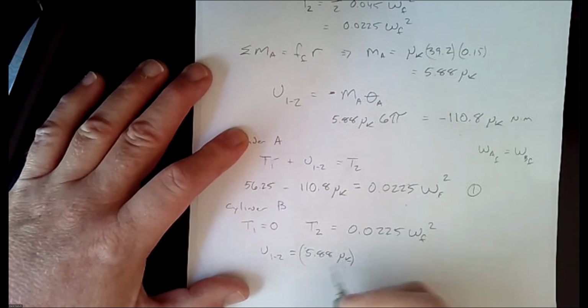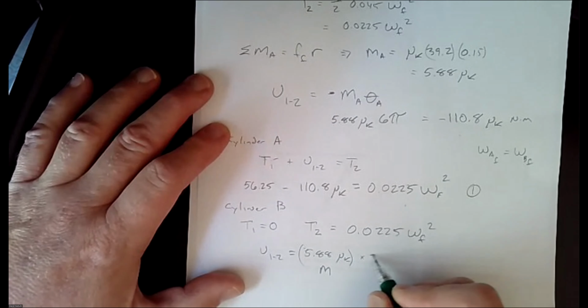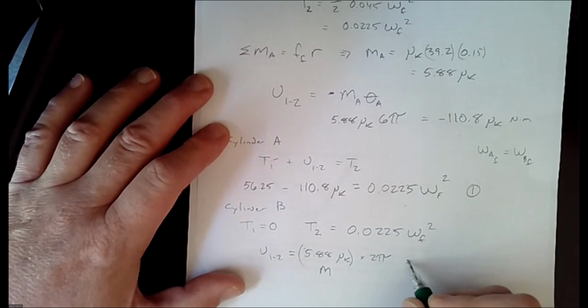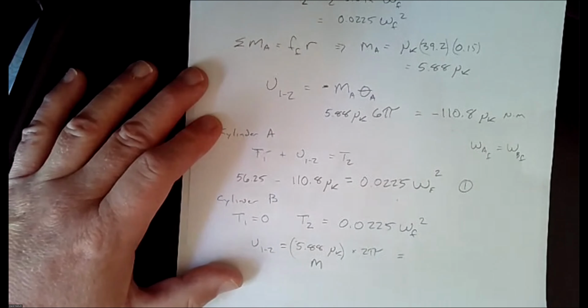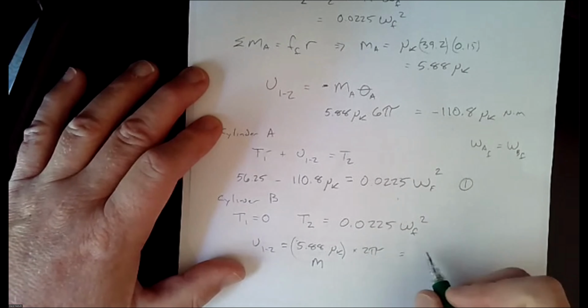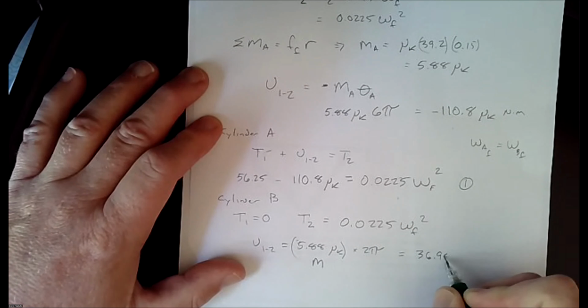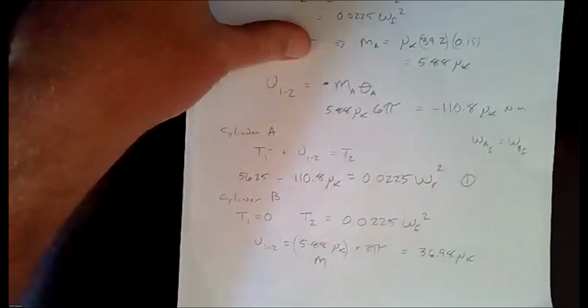Because that's the moment. And then that's going to be multiplied by 2 pi. So that total value then is going to give me a value of, yeah, that's right. Sorry about that. 36.98. So that's right. This is going to be 36.98 mu k. All right, so now I have it. So now what I can do is I can set it up.